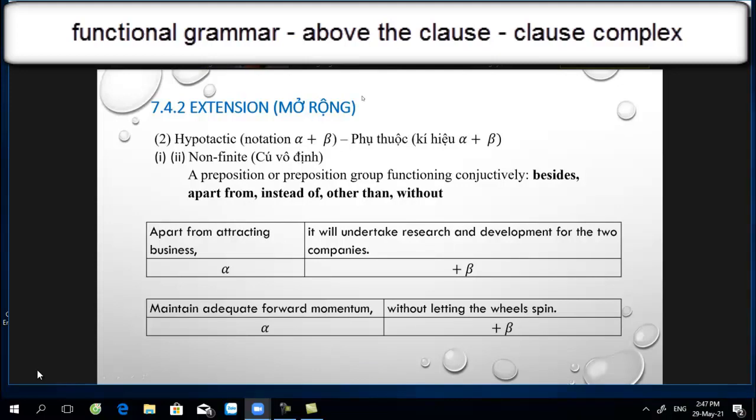Apart from attracting business, it will undertake research and development for the two companies. Thank you. And the second one, please. Maintain adequate forward momentum without letting the wheels spin. Okay, thank you.